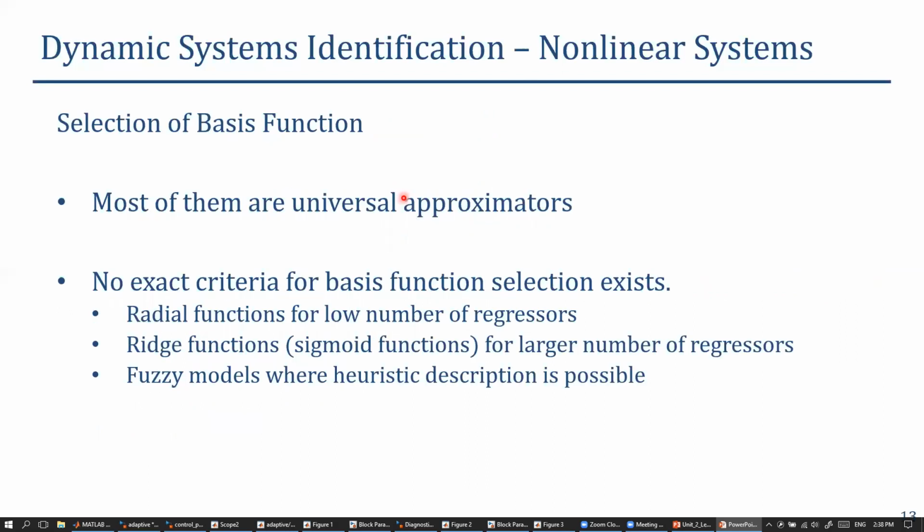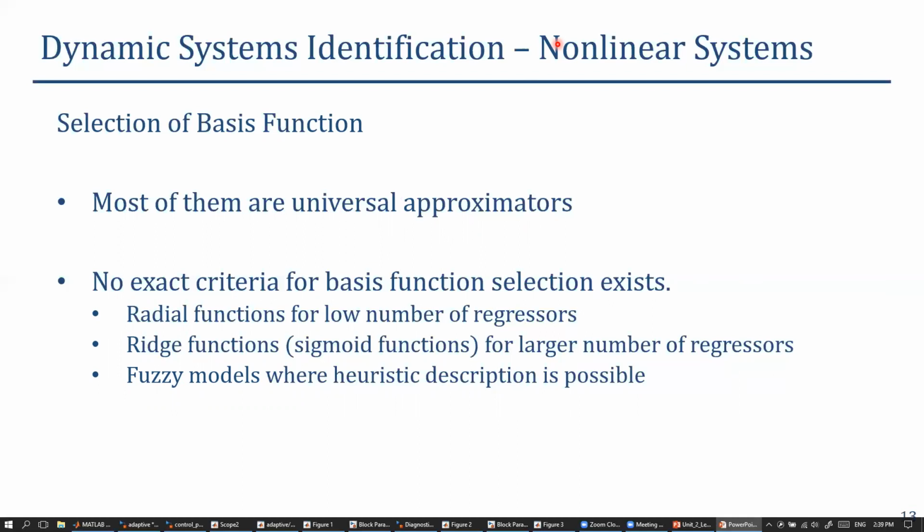When we select basis functions, it depends on the application, on what we want to do. Most of the commonly used basis functions are universal approximators. That means a model utilizing these basis functions, with enough of them and enough parameters, is able to model just about everything.